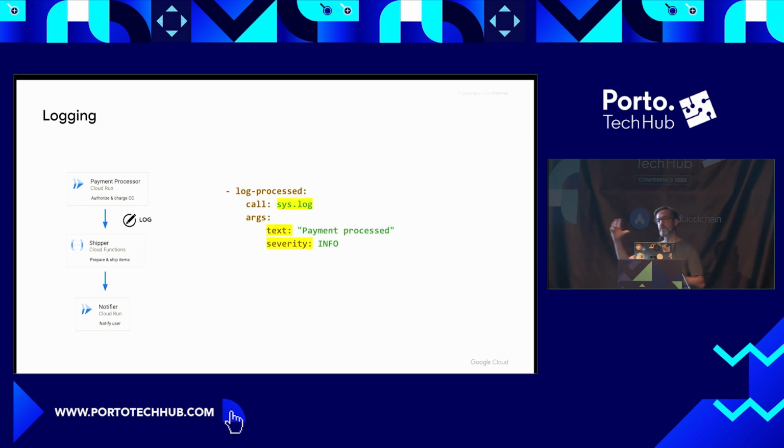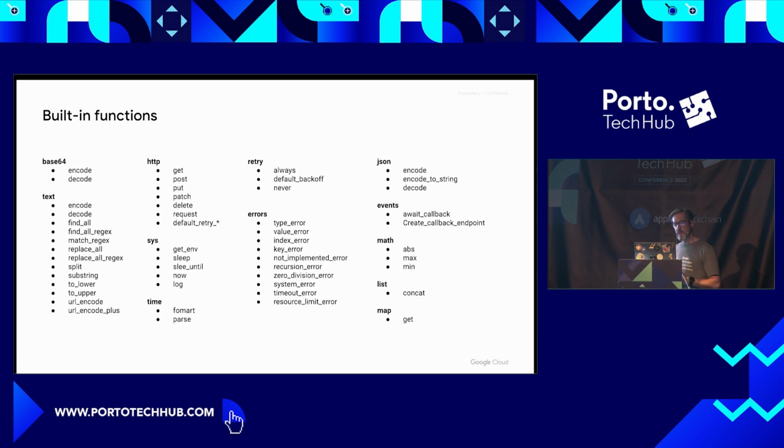I can add, after each step, a specific log instruction so that I can see, if you remember the UI, I can see the logs for each workflow execution. And both sleep, log, etc. are part of the built-in functions that you can call within your workflow. And there are many available built-in functions for making HTTP calls, for error handling, for decoding text, JSON, etc.